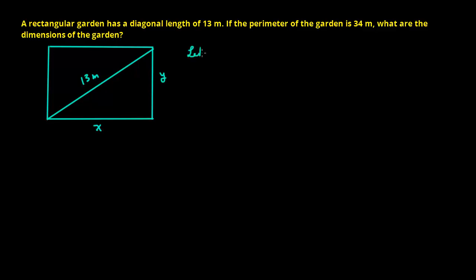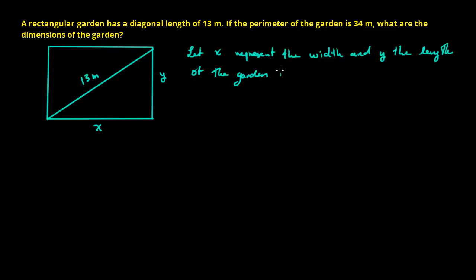Let x represent the width and y the length of the garden in meters. Because we're dealing with meters here, x and y are in meters.